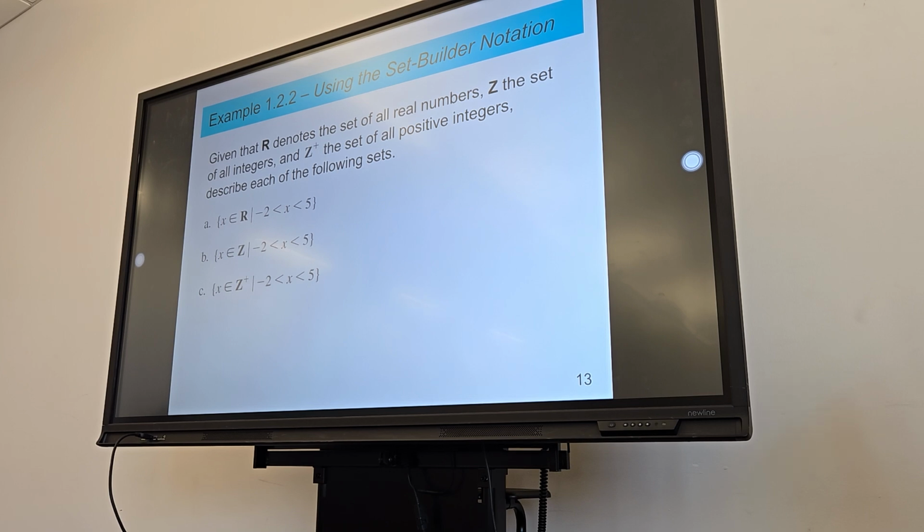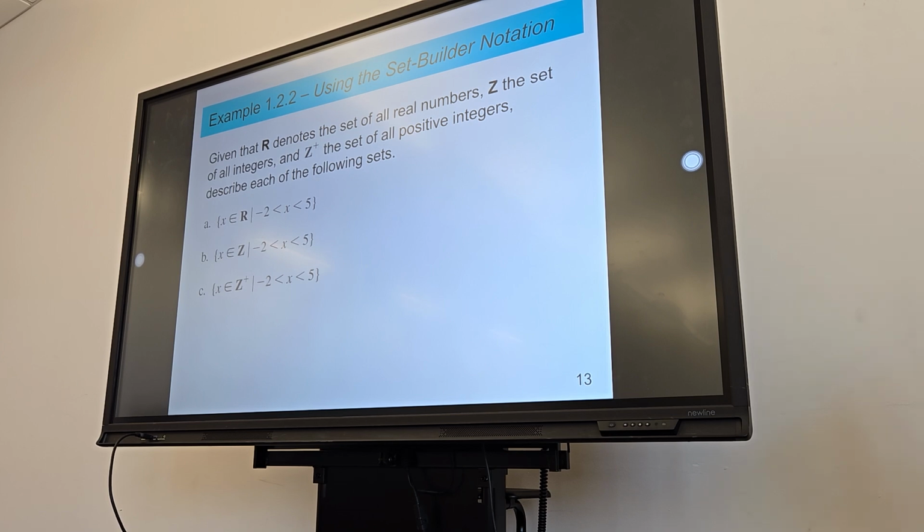So in A, it would be all points on the number line between but not including -2 and 5. For B, it would be the integers between but not including -2 and 5.